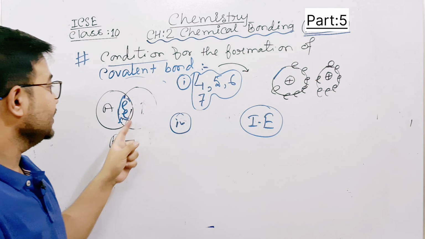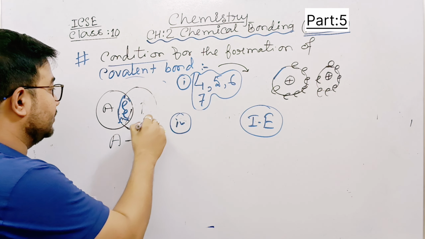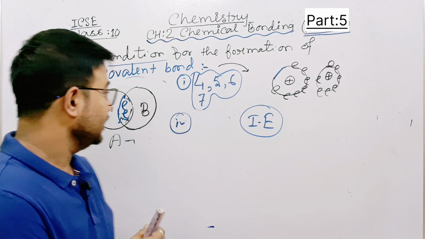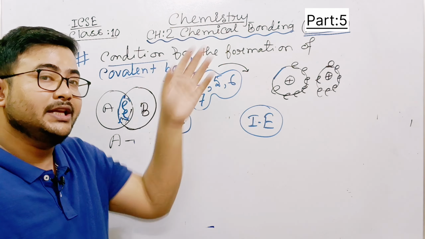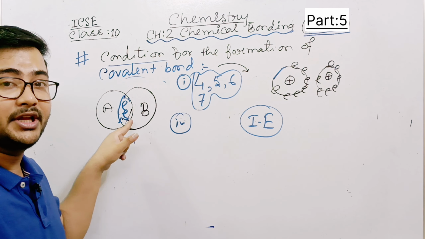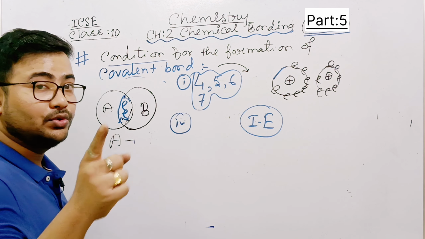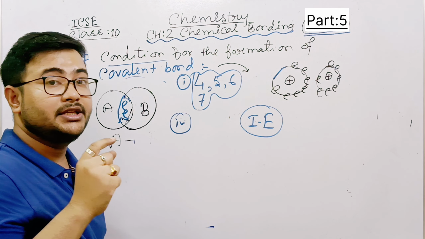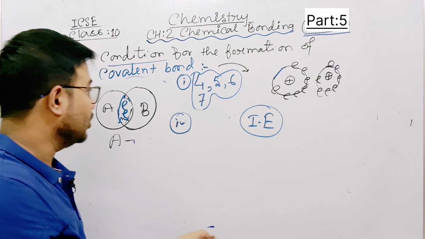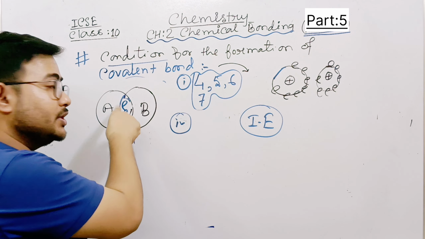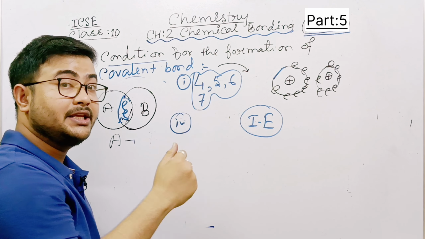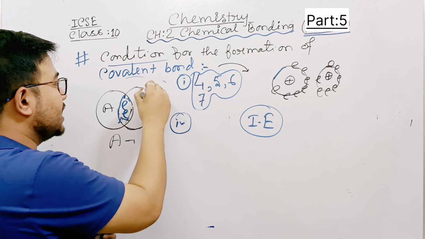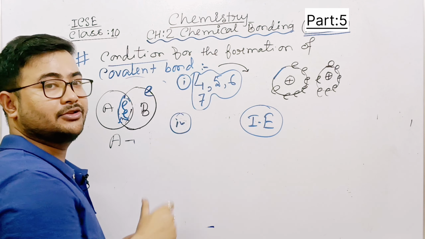Tell me, in a covalent bond, is it possible for the atom to lose the electron? No, they will hold the electron here. So if you try to take out the electron from the outermost shell, you cannot, first of all, because they will try to hold the electron in the common space. You cannot pull it out. But if you try to pull it out, you need a huge amount of energy.